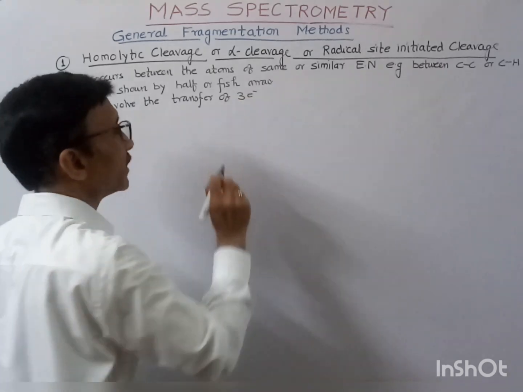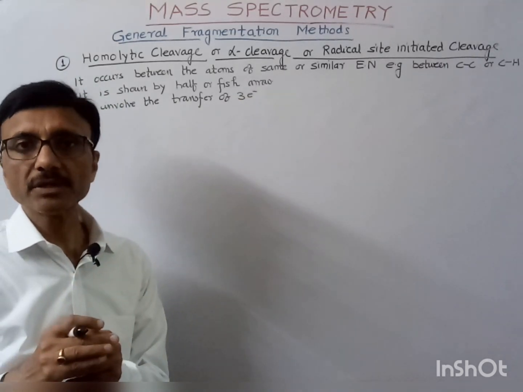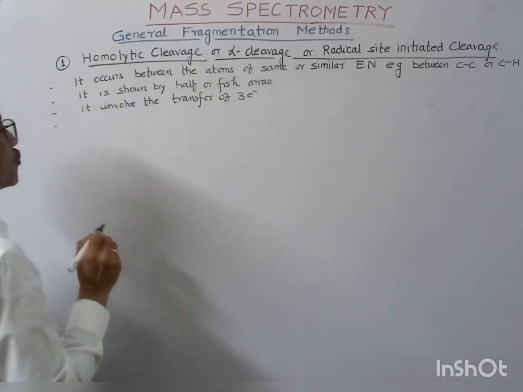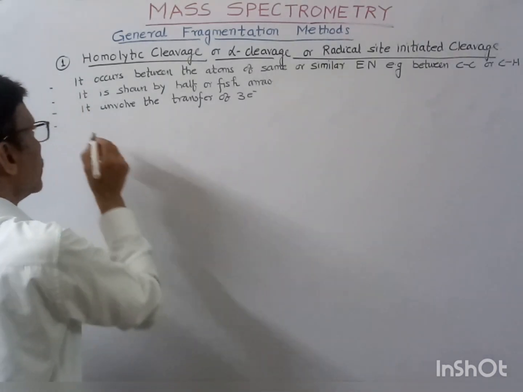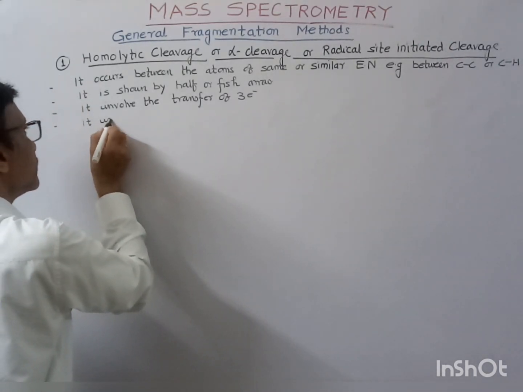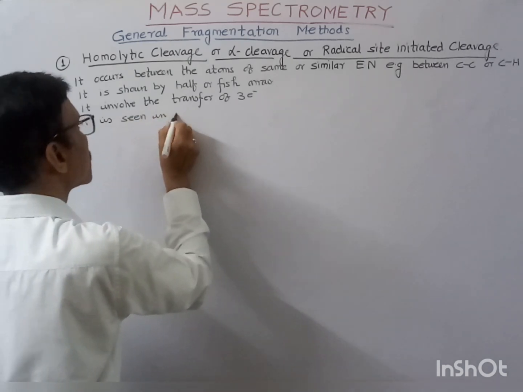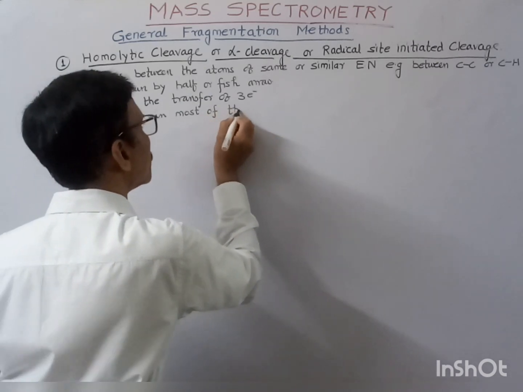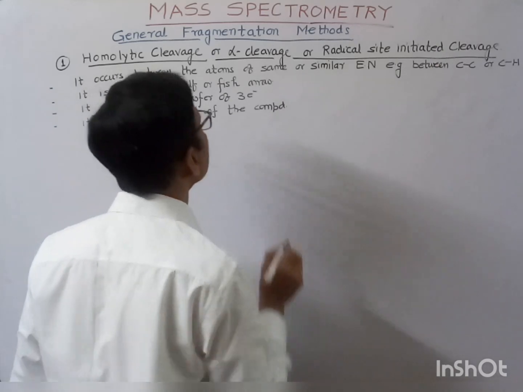So you will see here that overall 3 electrons are involved in the cleavage. And next thing, in most of the compounds you will see this type of cleavage. It is seen in most of the compounds.